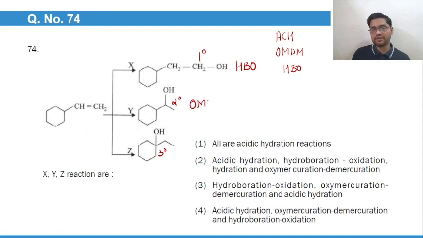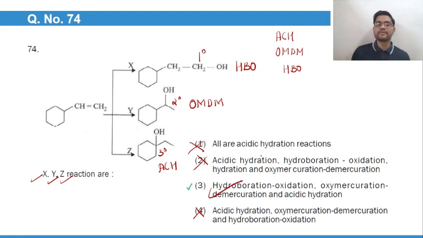This is oxymercuration-demercuration, and this is acid catalyzed hydration. So X is HBO, Y is OMDM, and Z is ACH. X is hydroboration. The other options are not the answer. Hydroboration oxidation, oxymercuration, and acidic hydration, that will be the answer. We'll go with option number 3.